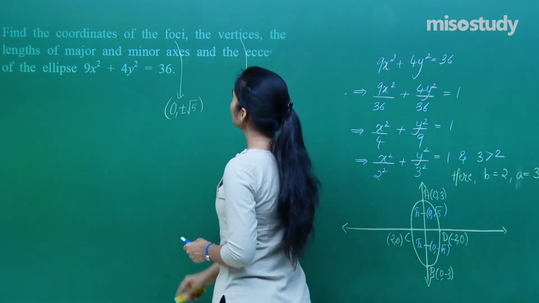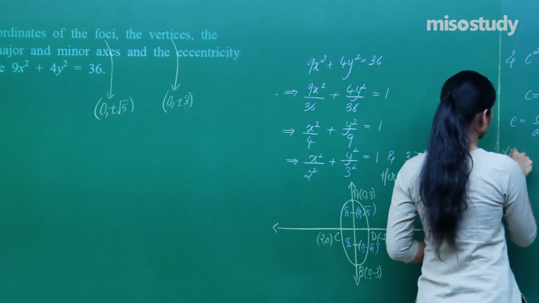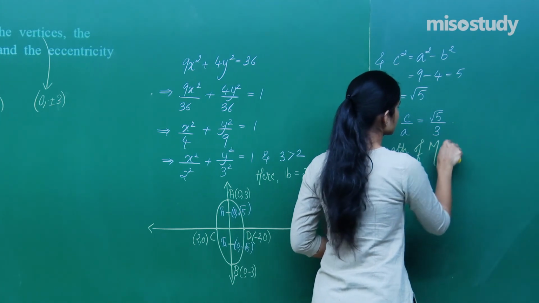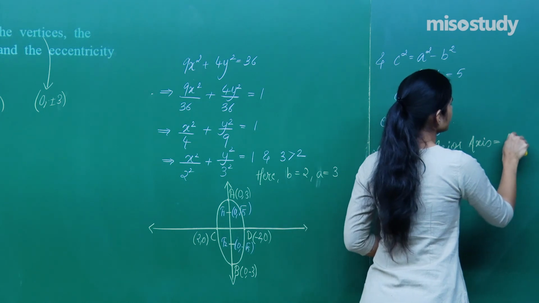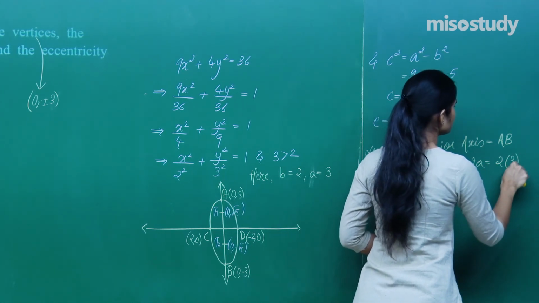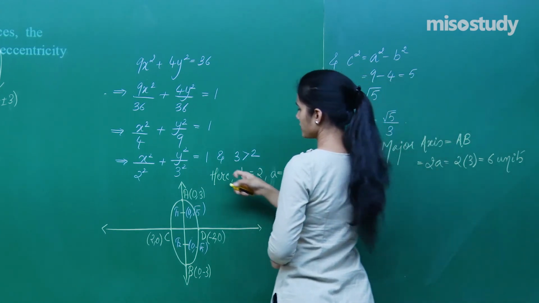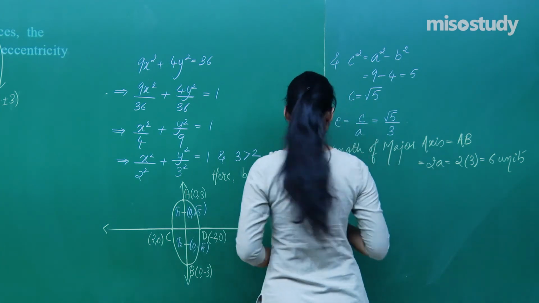Length of the major and length of the minor axis. Let's calculate. Length of the major axis, that is the length of the segment AB, is 2A, that is 2 into 3, which is 6 units, because A is 3. 2A is the length of the major axis, 2B is the length of the minor axis.